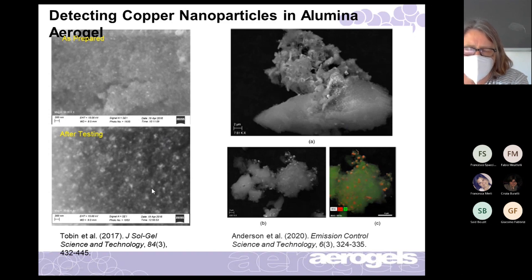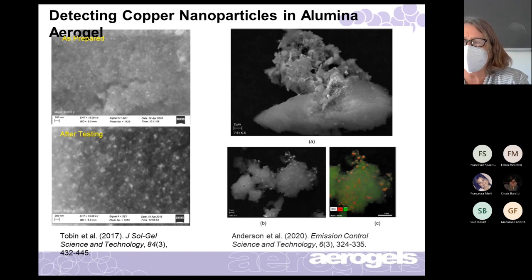Because we have done some studies, we take the wet gel and we put it in a copper salt, and that impregnates, it goes into the wet gel. We don't know how much of it goes in.